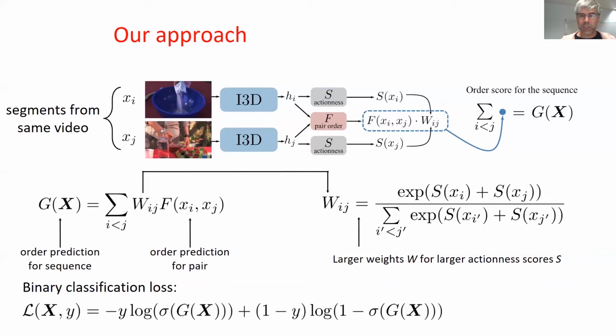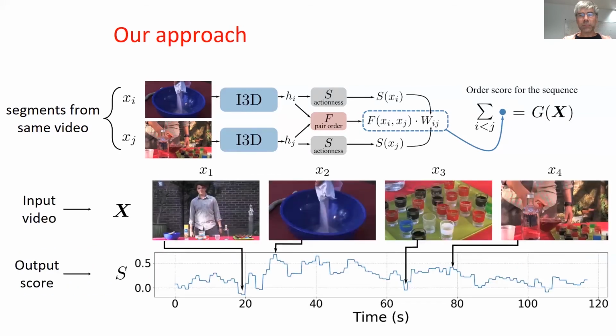And S you can think of as a weight function which tells whether the network should trust these two frames, or whether these two frames are not discriminative enough to predict the order. So S provides the confidence of how well we can get the right information from the segments xi and xj.